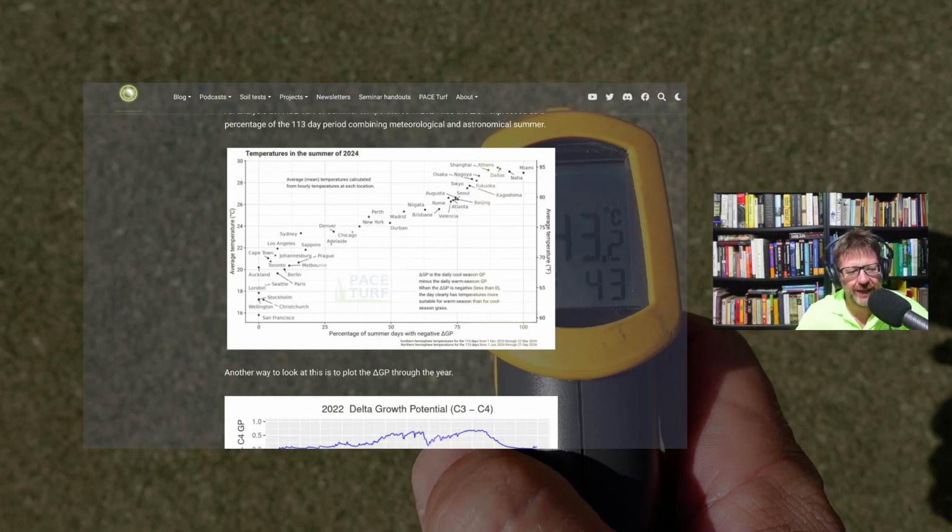So that is what I wanted to discuss today. It's that blog post that I will put a direct link to in the show notes about the delta GP.